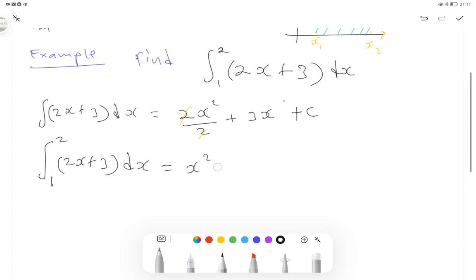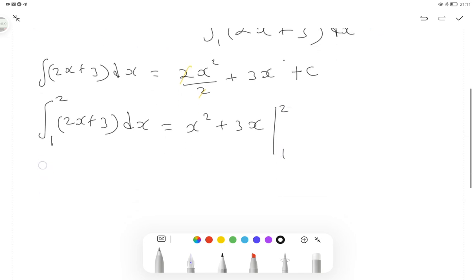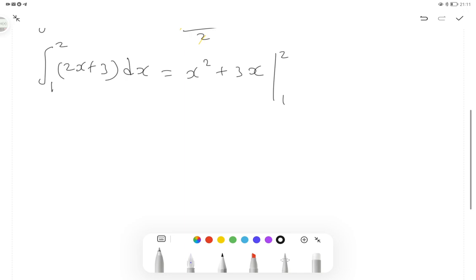You put the upper limit 2 on top and the lower limit 1 down. It means there's a difference between those two values. At the end, where there's x, you put 2. So we have to write f of x2 minus f of x1.